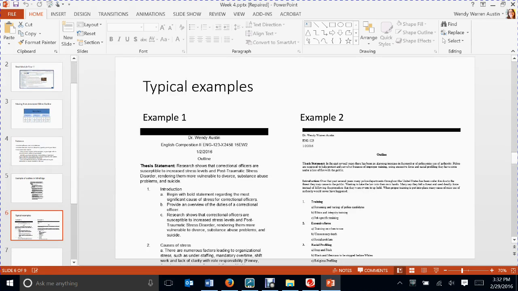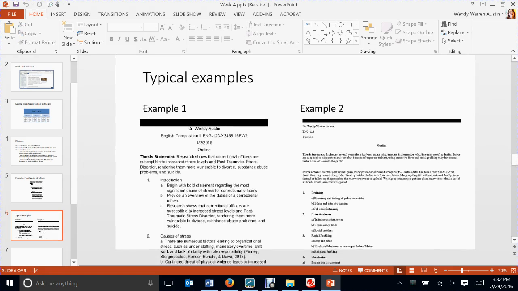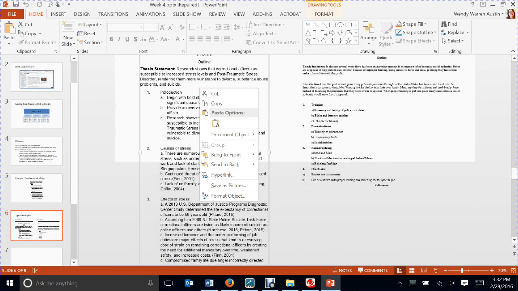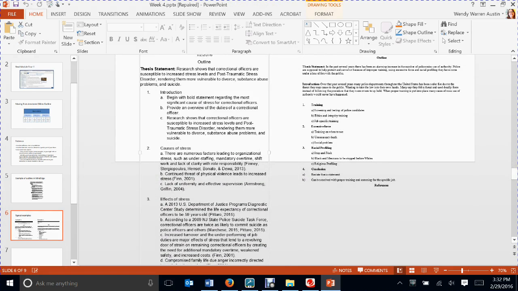Now, I also am including two typical examples, and these are not great, they're not horrible. There's something wrong with them, various things wrong with them, but they're not bad. They're not great, but they're not bad. And so, one of the things this person did was they put a lot of sentences within it.